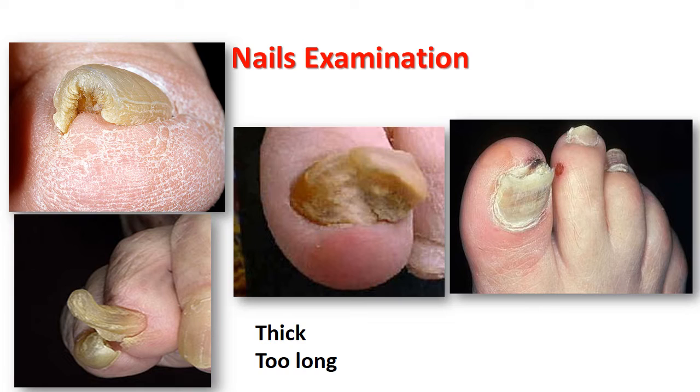Thickening of the nail can cause pressure on the other toes, or even on the deep structure of this toe. And the too long nail can cause injury to the neighboring toes. Thickening of the nail could be due to autonomic neuropathy or due to fungal infection.